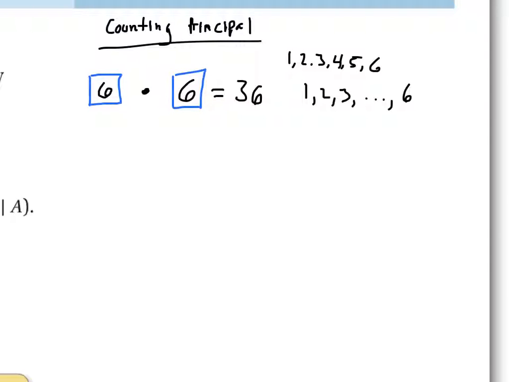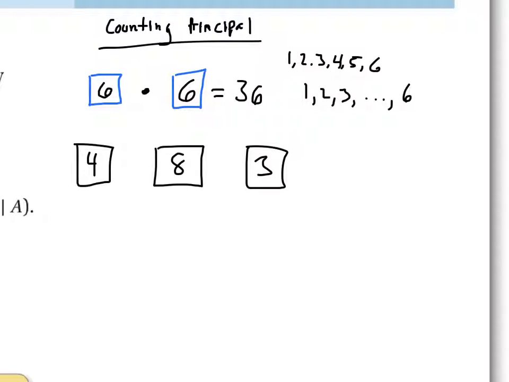For example, you guys see it all the time at Applebee's and Chili's and different restaurants like that, they say they have their special, 3 for $20 menu or something like that, where they say, hey, we've got 4 different appetizers, we have 8 different entrees, and we have 3 different desserts to choose from. Come in, pay us $20, and pick one of each.